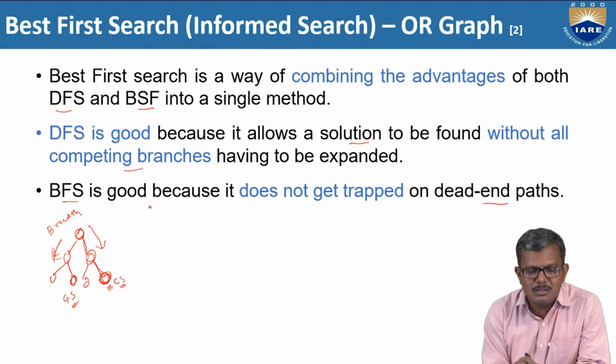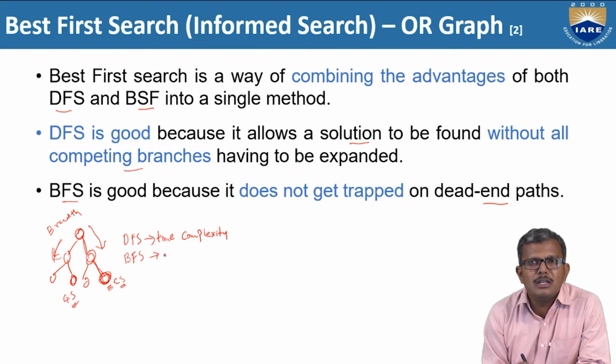Okay, so the best first search takes the help of depth first search and breadth first search for two reasons. One is to reduce the time complexity. To reduce the time complexity, we can say the best first search can be implemented here, and in order to overcome these dead end paths, we can make use of this best first search.